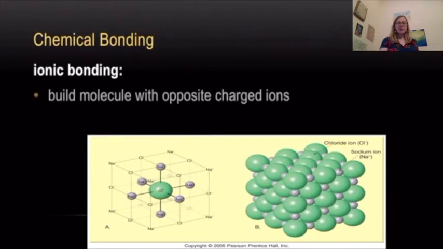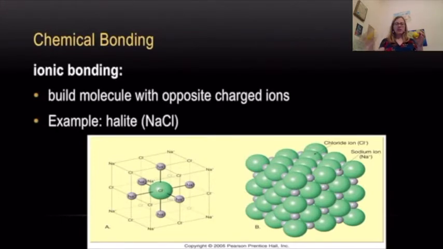We're going to build the molecule with oppositely charged atoms over and over again, oppositely charged ions. Sodium chloride would be an example, halite. Chloride again with that negative, and sodium with the positive. So positive, negative, positive, negative. I want you to notice something here.